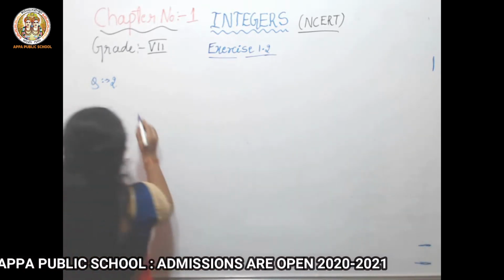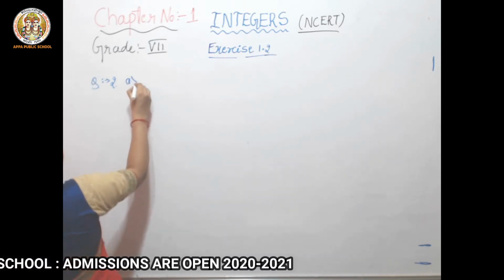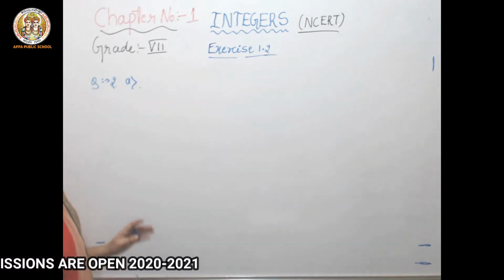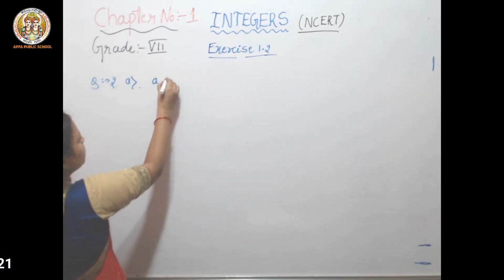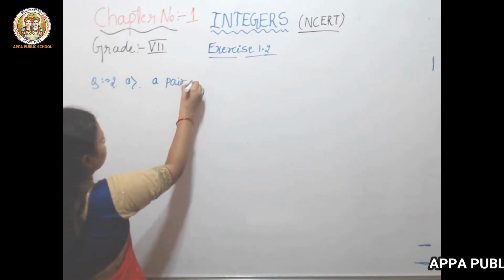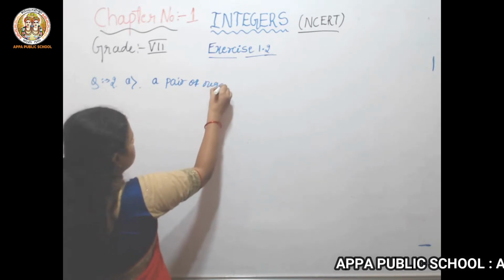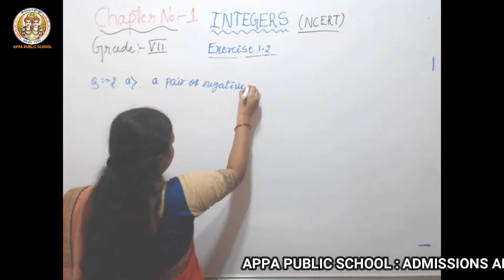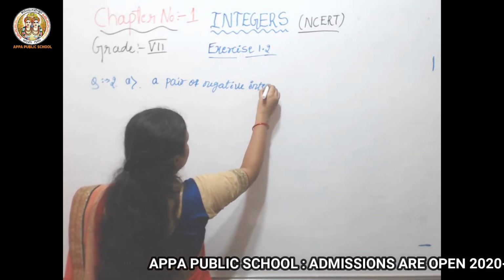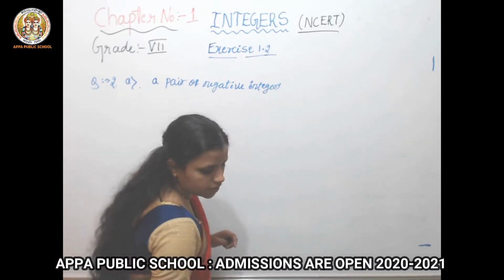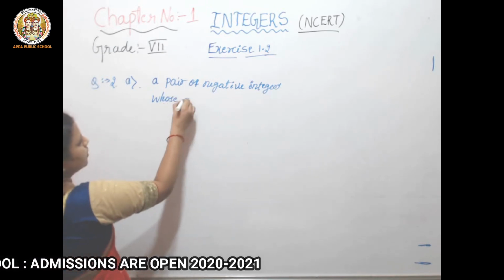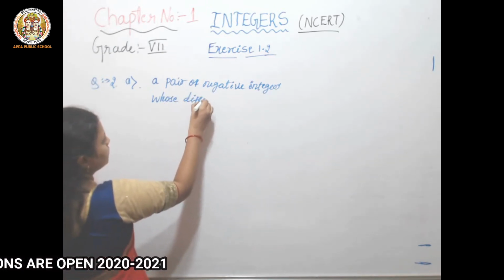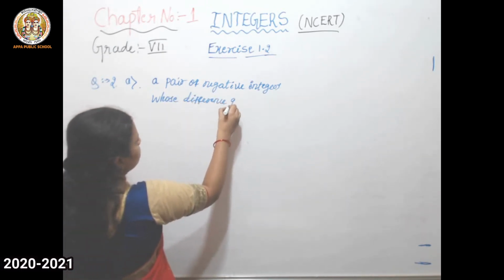In the second, again we are having the subheading. In that A, what is the A question? Write down a pair of negative integers. This is the question. Negative integers, and the condition is whose difference gives 8.